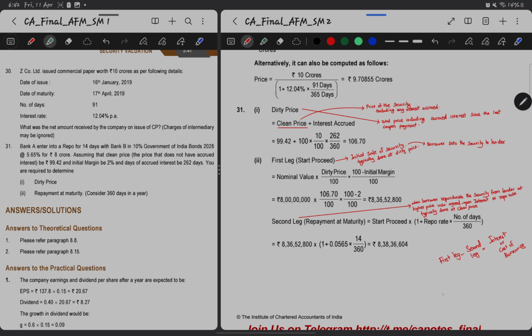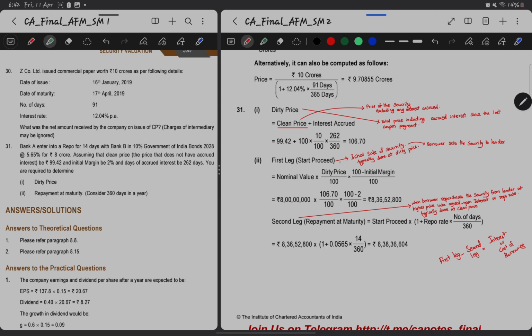So first leg minus second leg will obviously be the interest or the cost of borrowings. The requirement of the question is repayment at maturity, which is nothing but the second leg. So once we calculate the first leg, then if we add the repo rate to it, we can arrive at the second leg, which is repayment at maturity.